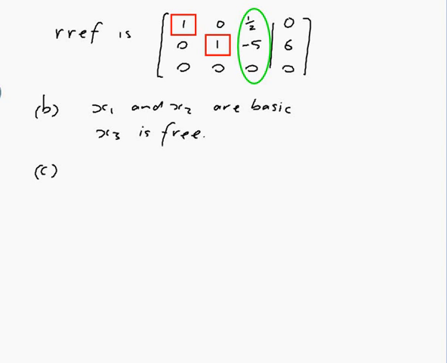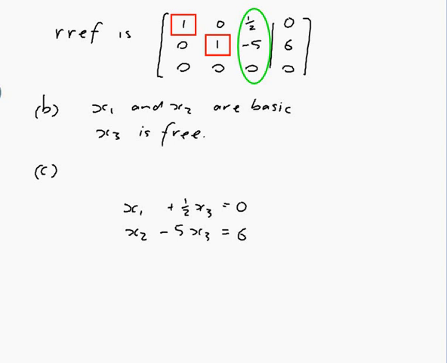Well, we can look at the other rows now. The other rows would correspond to equations like this. So we could have an equation 1x1 plus a half of x3 is equal to 0, and 1x2 minus 5x3 is equal to 6.